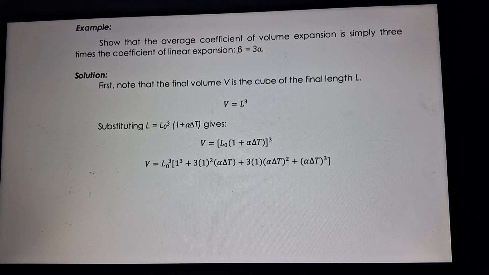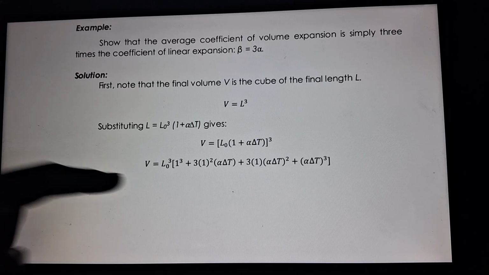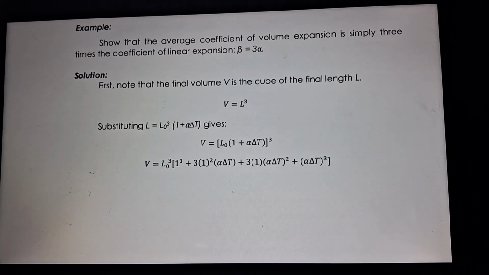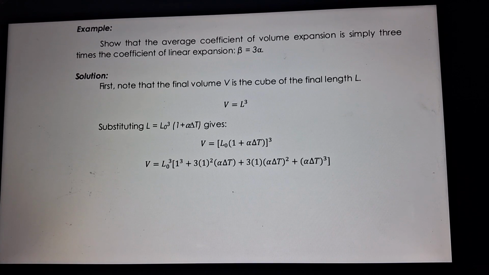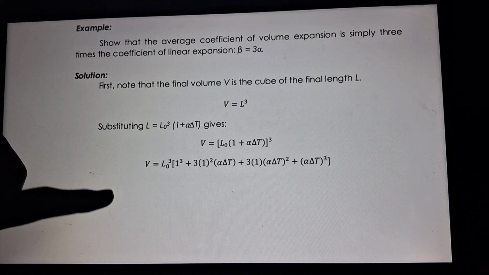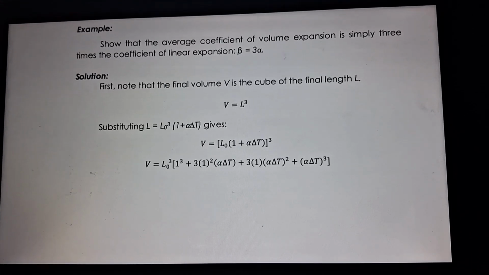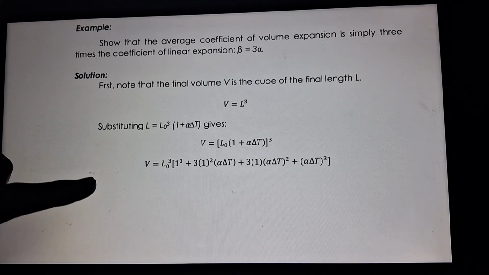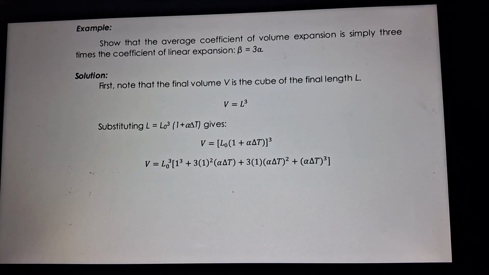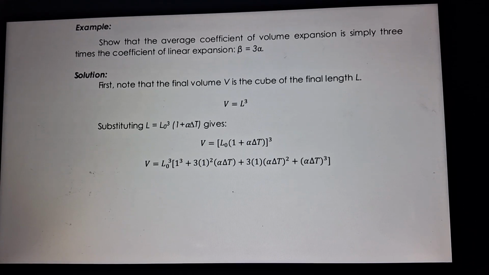So B equals 3 times A. First note that the final volume V is the cube of the final length L. So the solution is V is equal to the initial length raised to 3 times 1 raised to 3 plus 3 times 1 raised to 2, A and change in temperature, plus 3 times 1 and A times change in temperature raised to 2, plus A change in temperature raised to the cube.